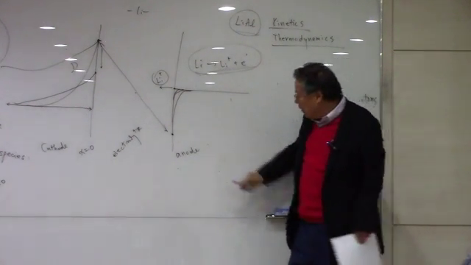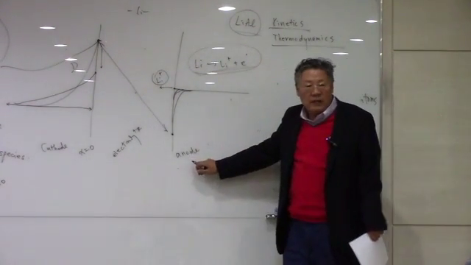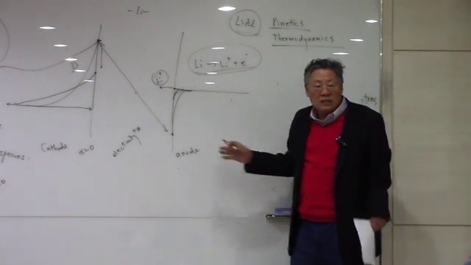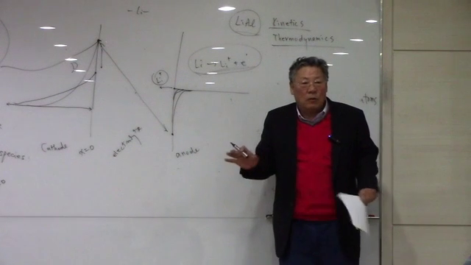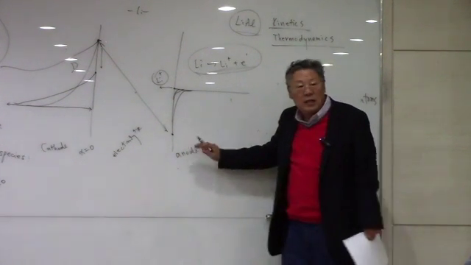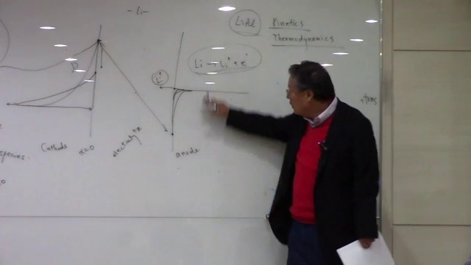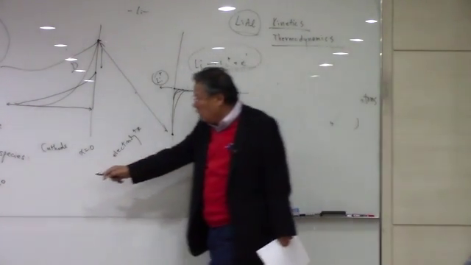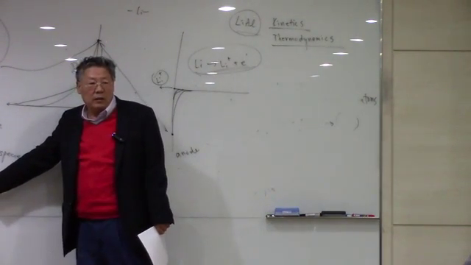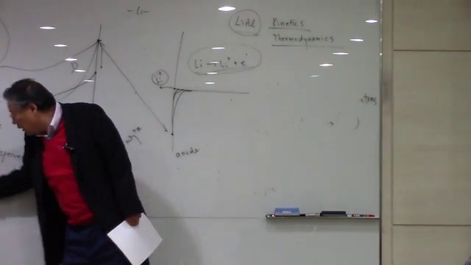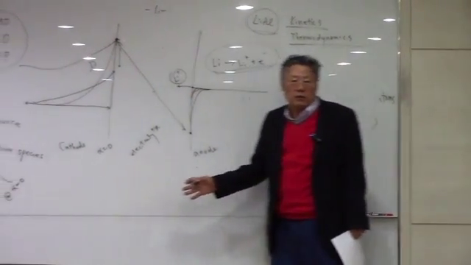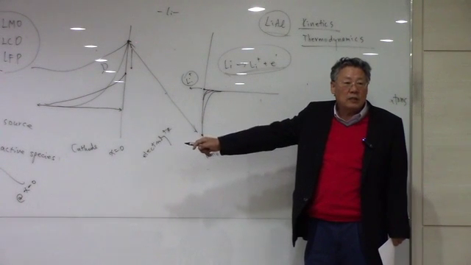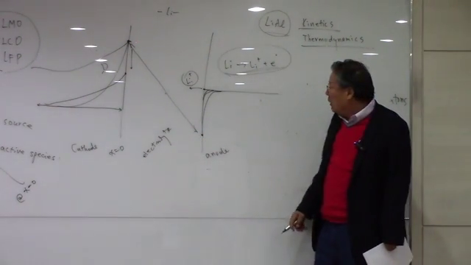For instance, if you use graphite for the anode, or platinum, which does not contain any lithium at all, we call that a blocking electrode, right? If you use that, then there's no source for the lithium. Then how is the EMF going to be defined? It cannot be defined because we do not have any activities of electroactive species, lithium, at all, according to the Nernst equation, right?